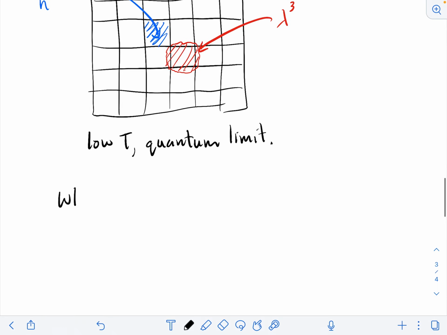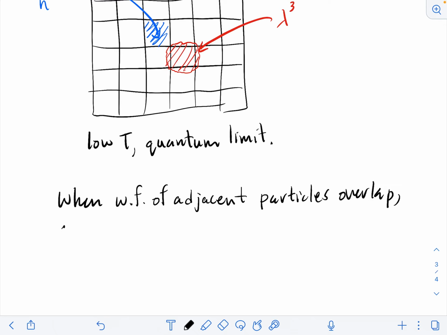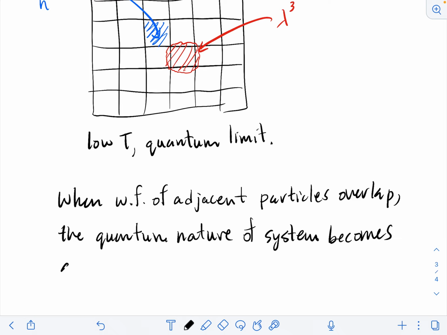So when the wave functions of adjacent particles overlap, the quantum nature of the system becomes apparent on a macroscopic scale.